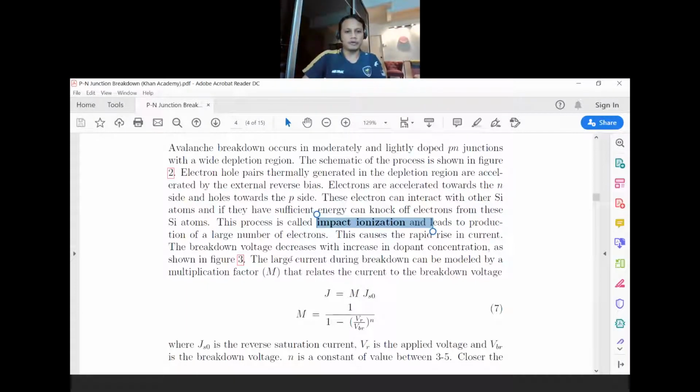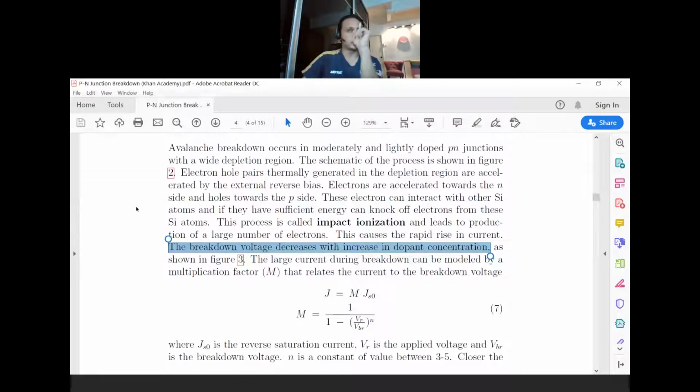The breakdown voltage decreases with increase in dopant concentration. So that means if you have a larger doping for your P side and N side compared to lower doping, you're going to have a lower breakdown voltage for the high doping junction.